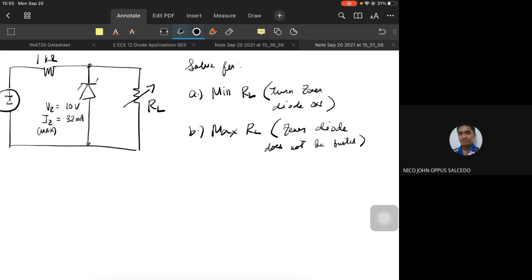Oh, yeah, manublang value sa RL might be nakuha kayong current kung mag-flow sa Zener diode. Sige daw.